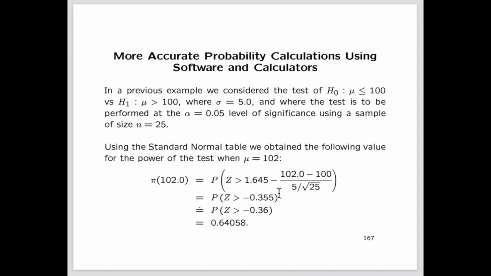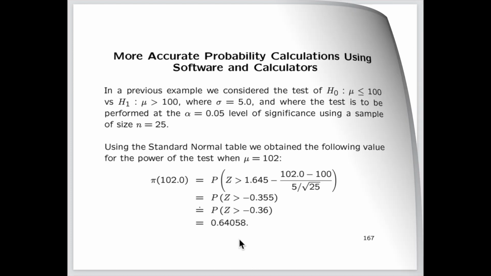We discussed that, at that time, we were rounding these values to 2 decimal places to match the precision of the z-values in the standard normal table. So by doing that, we see that the power for this test when mu is equal to 102 is approximately 0.64058.